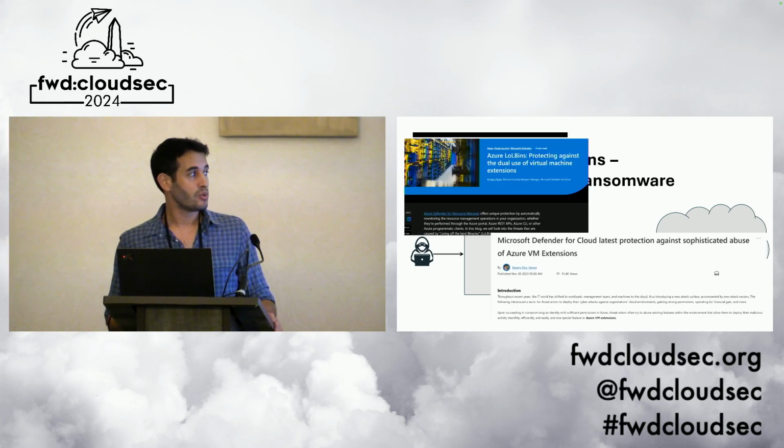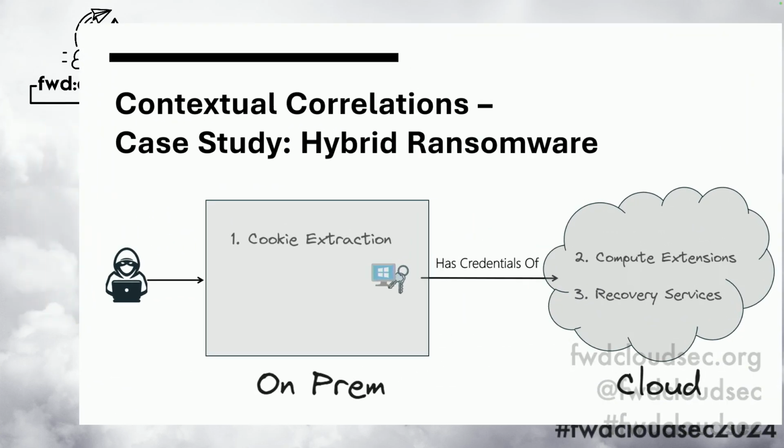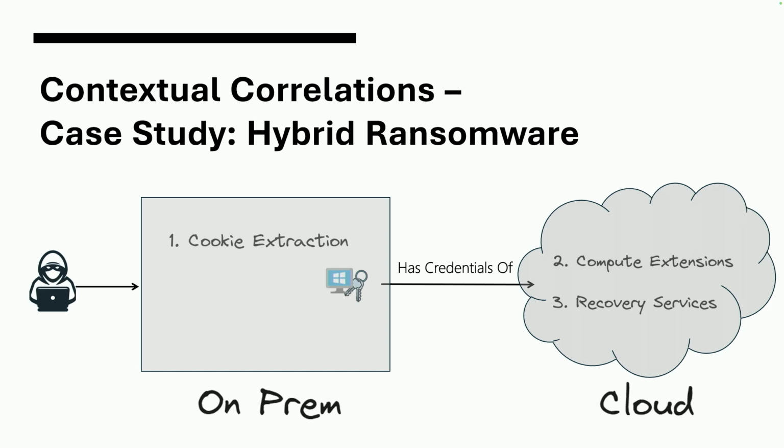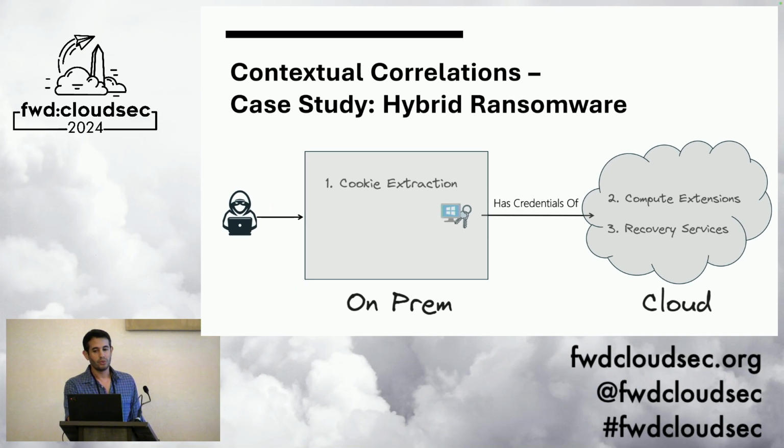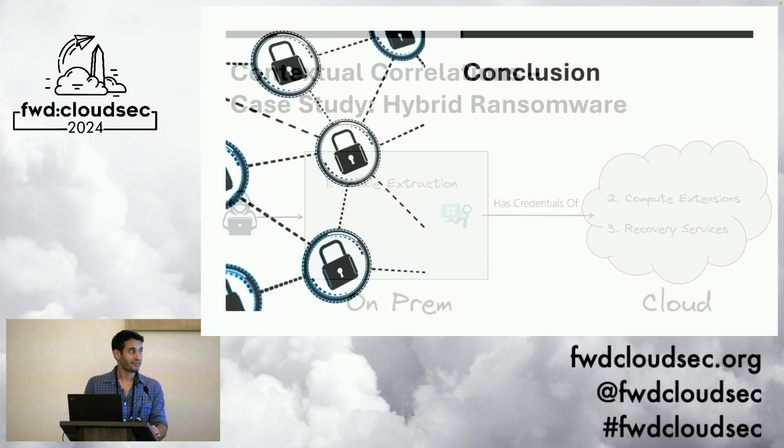Here are some links to prior work that we did on the dual use of compute extensions. I recommend reading them if you are familiar with them. And the last important cloud TTP that should be mentioned as part of this attack is that before the threat actor encrypted the SQL databases, they made sure to delete its cloud recovery backups.